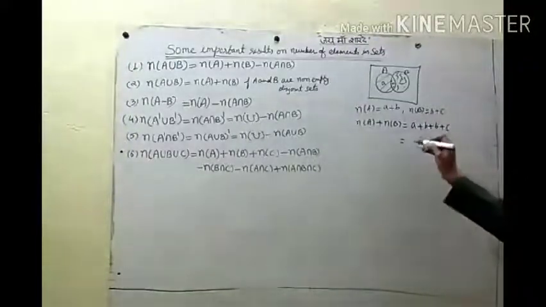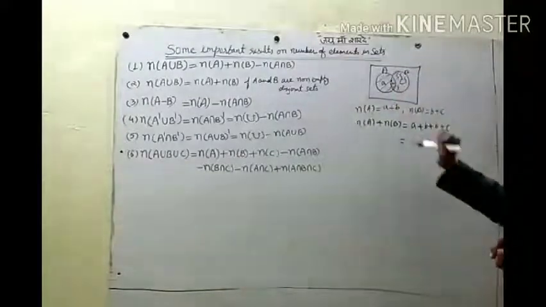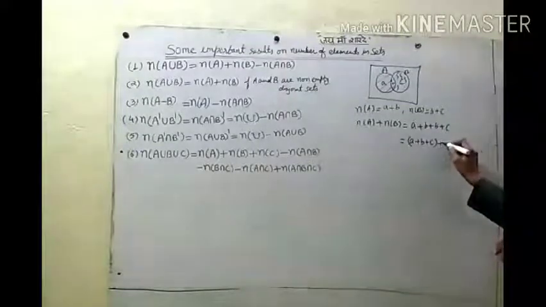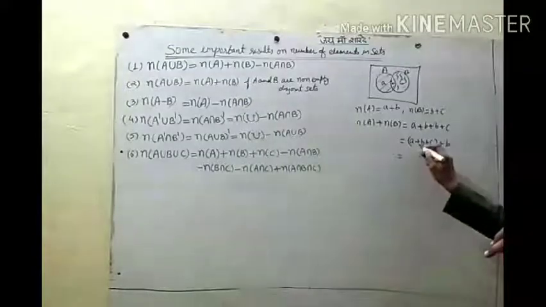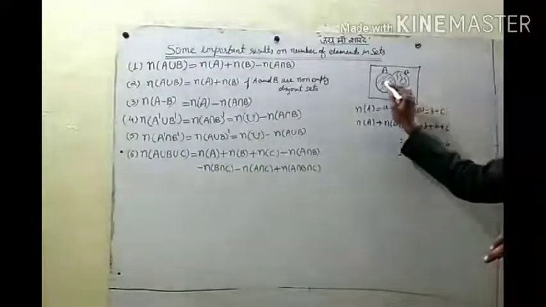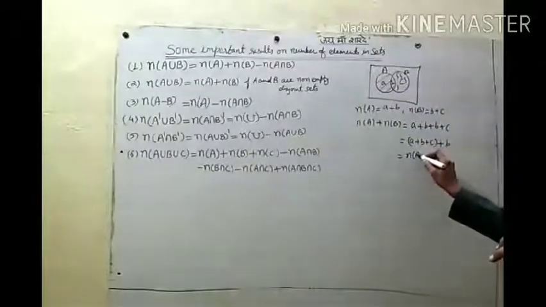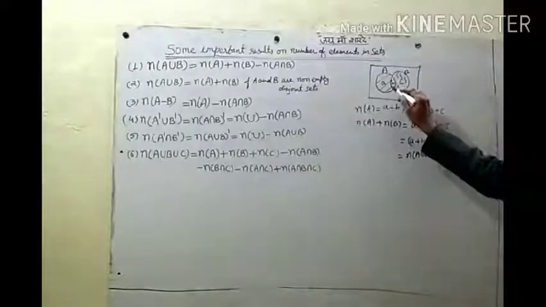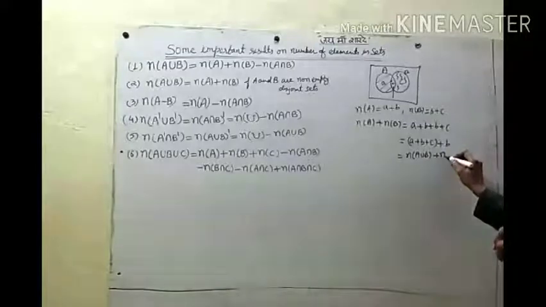Okay. Now the elements of A union B, this complete portion, if you take a, b and c, so we get a plus b plus c, the elements in A union B, the complete two sets. So it is the number of elements of A union B, what is it? Elements of A intersection B. This we can write.